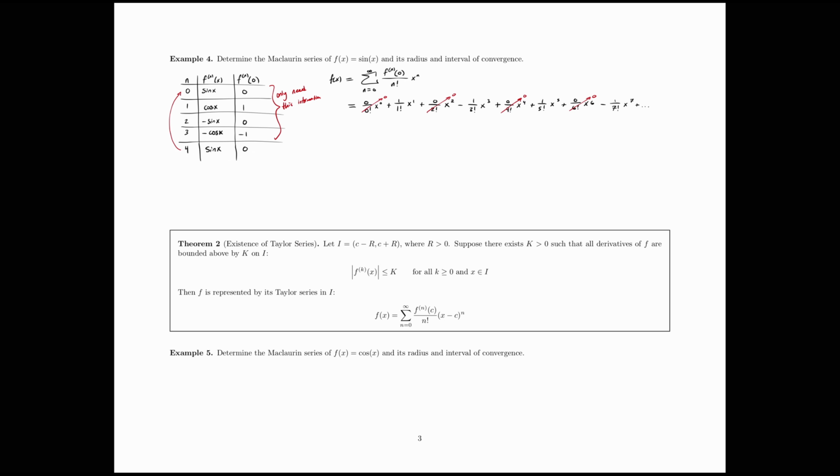What's left over here is 1 over 1 factorial x to the first, minus 1 over 3 factorial x cubed, plus 1 over 5 factorial x to the 5th, and then minus 1 over 7 factorial x to the 7th, so on and so forth. We have it more or less done, just not written in this nice compact form.